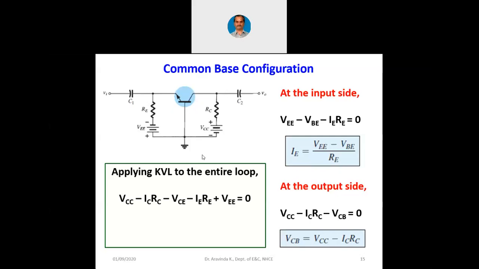So whenever we apply battery supply to the circuitry, when we move within the loop, if we move from minus to plus, then we put a plus sign there.